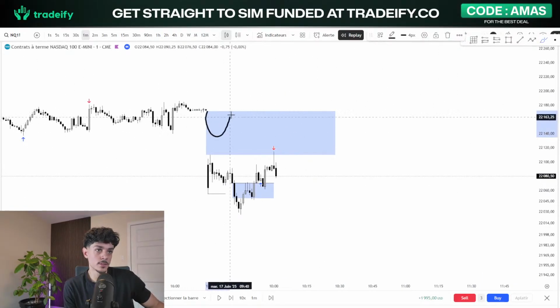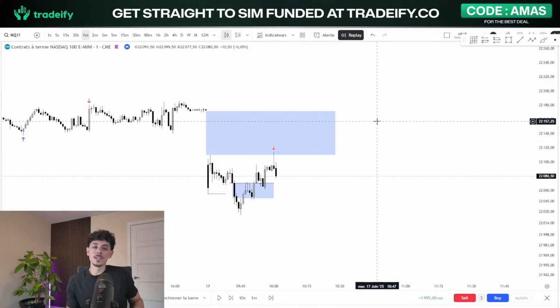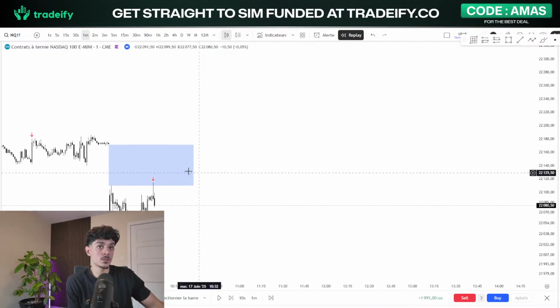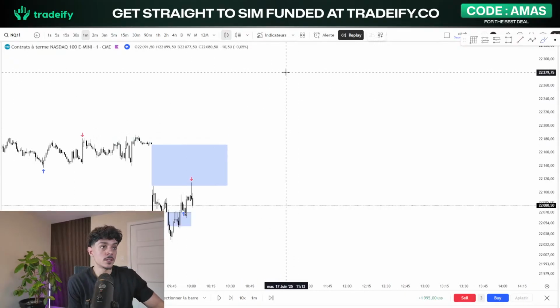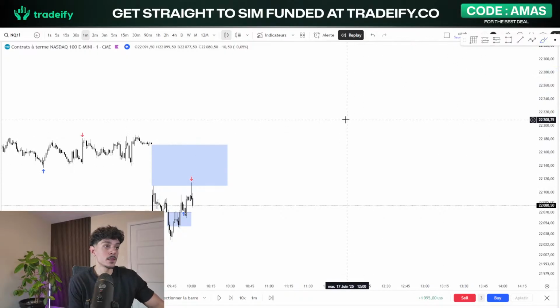This gap right here, it's not a new concept. It will get filled, especially during certain market conditions when it's not trendy. Let's say the market had a move down during London, what you will see most likely is this happening.